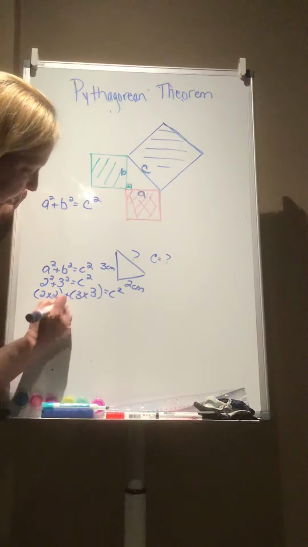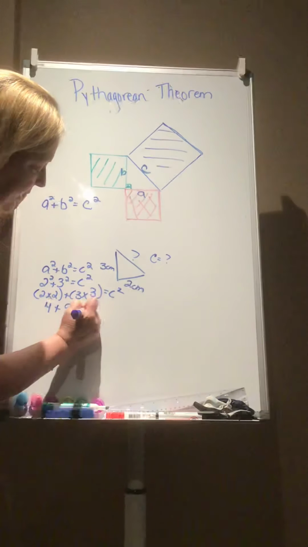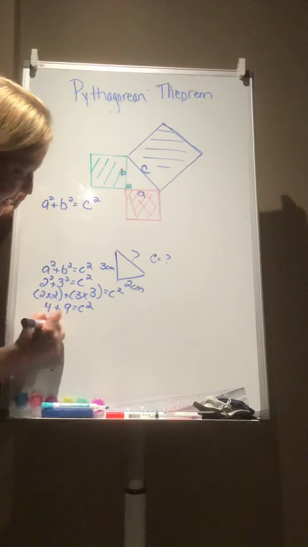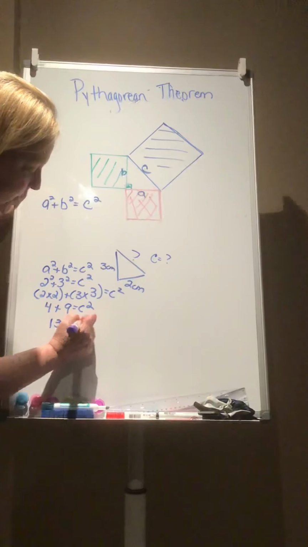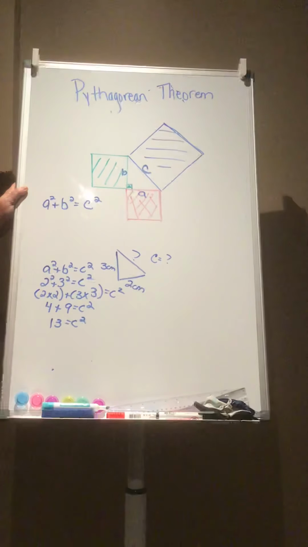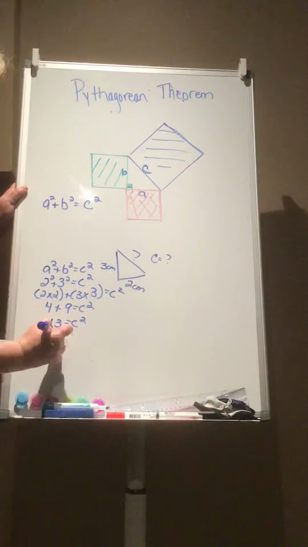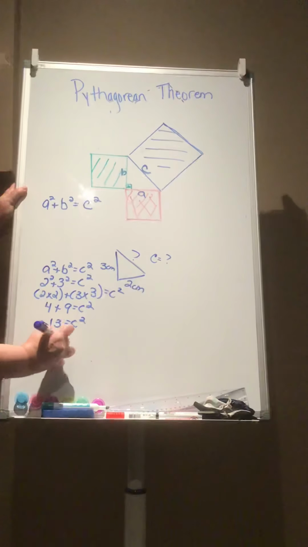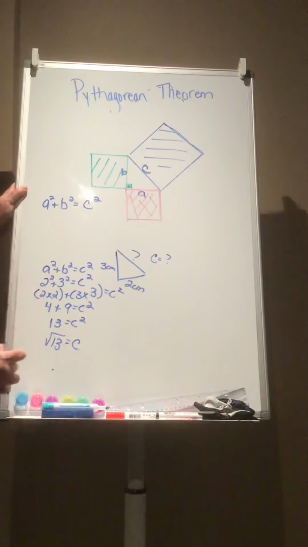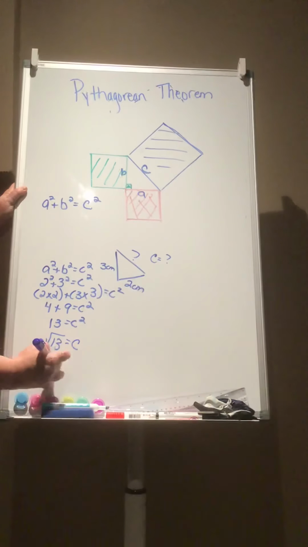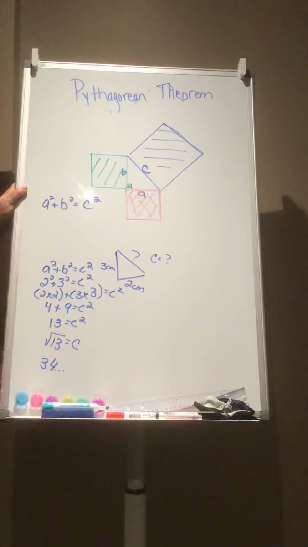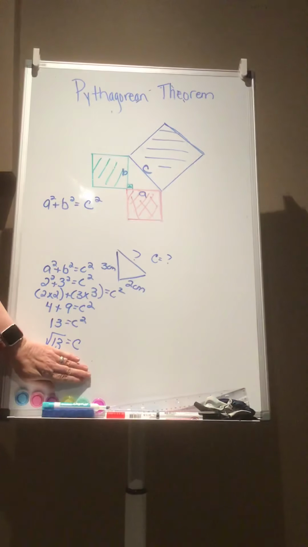So I have 4 plus 9 equals C squared. 4 plus 9 is 13, equals C squared. And I know that 3 squared is 9, 4 squared is 16. So the square root of 13, which equals C, is going to be about 3.4 something, I believe. Again, I don't have my calculator. So your answer is the square root of 13.